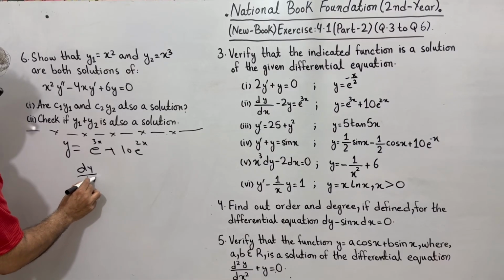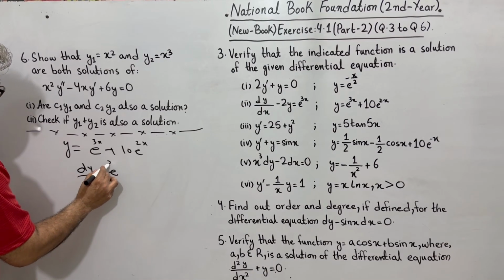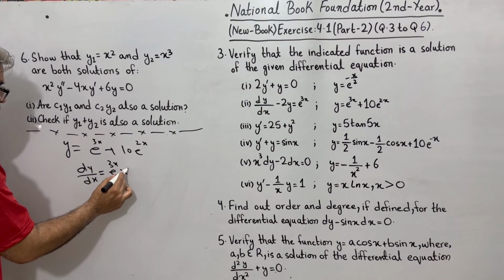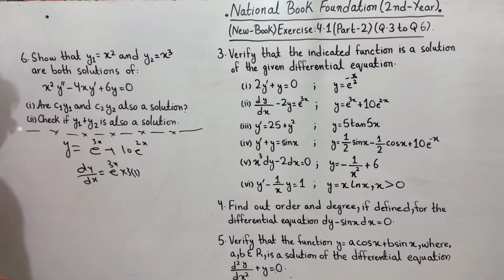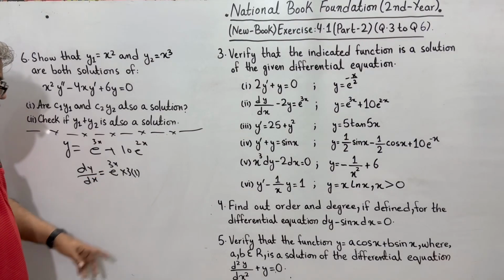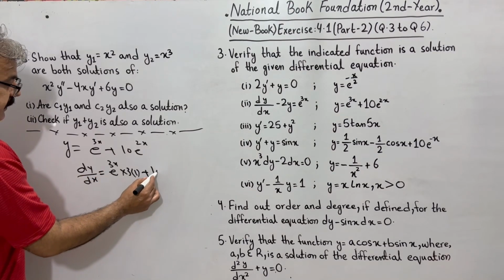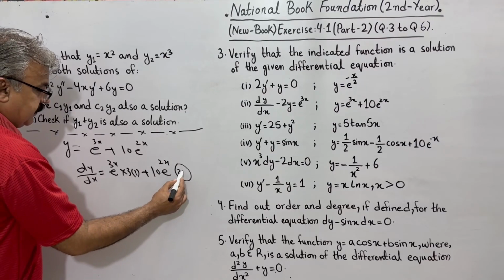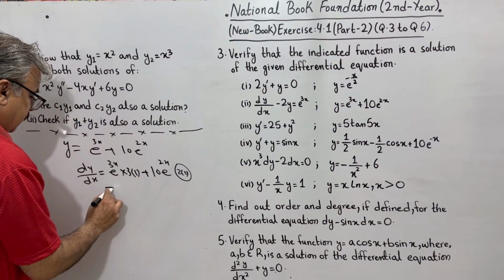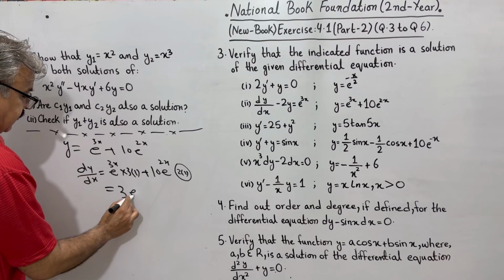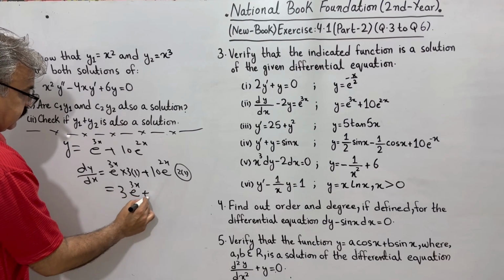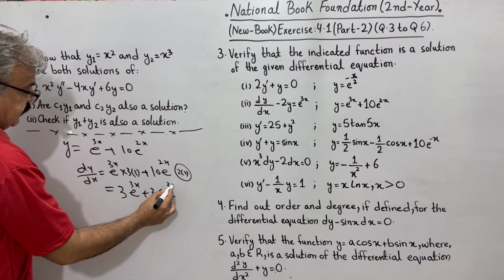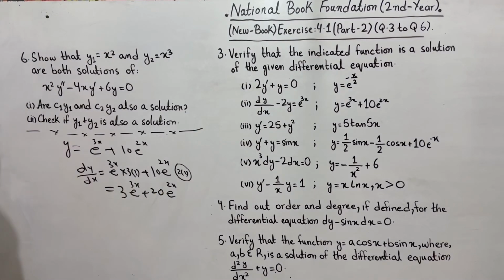Differentiation of the exponential function is the same, e^(3x) as it is, times the differentiation of the power, 3x, that is 3 times 1, plus 10 times e^(2x), the same, times the differentiation of the power, 2 times 1. Writing in a good fashion, first the constant: 3e^(3x) + 20e^(2x). That's my value of dy upon dx.